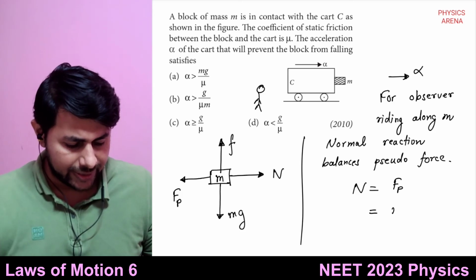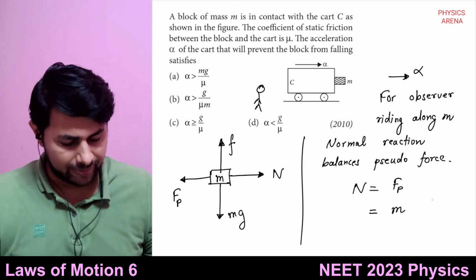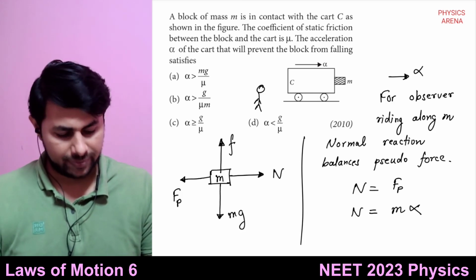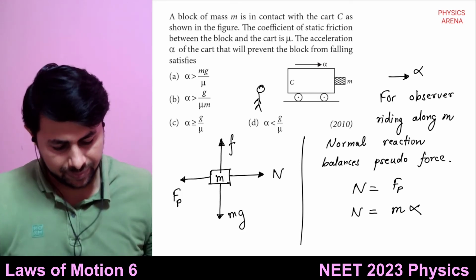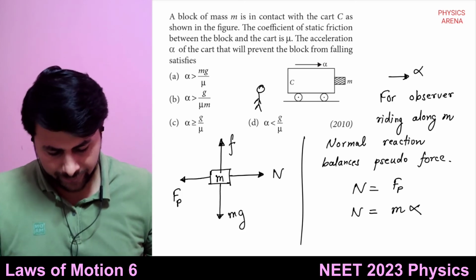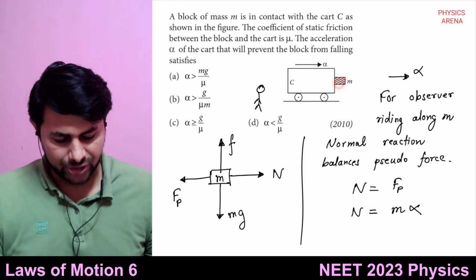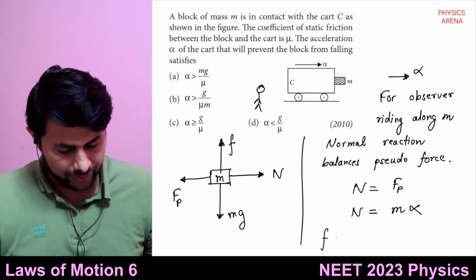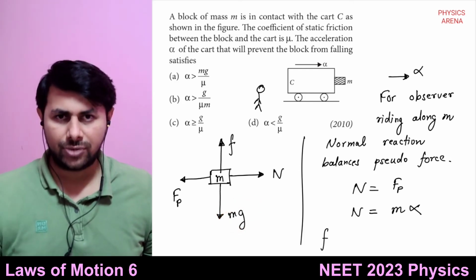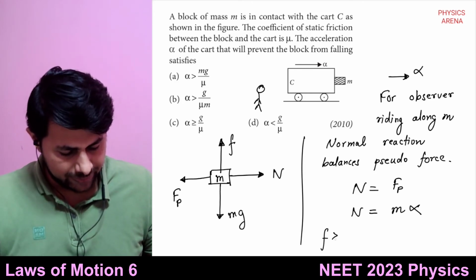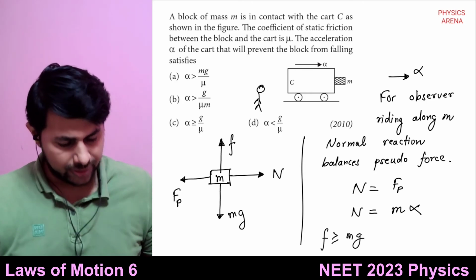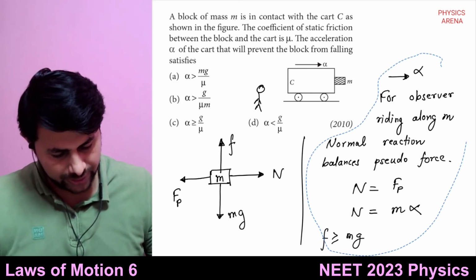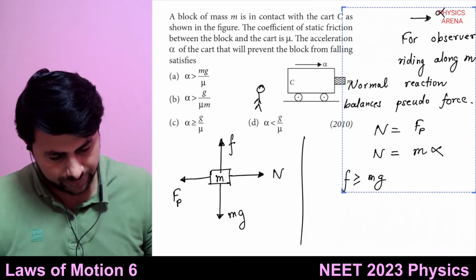We have studied it. It is mass of the observer multiplied by this acceleration. So N is equal to M times alpha, right? And then if the block doesn't fall down, then frictional force is equal to what? Mg. So F has to be greater than or equal to mg, right? So I will move all of this upwards.